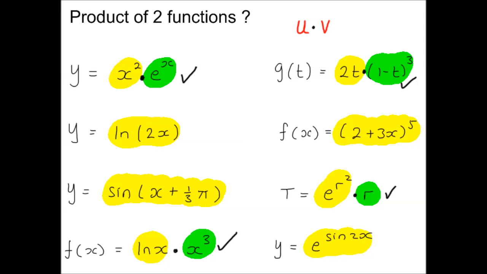And that's what we're going to focus on here. So let's say that y is equal to some function u of x times some function v of x, and more conveniently that's written as just y is equal to u times v.